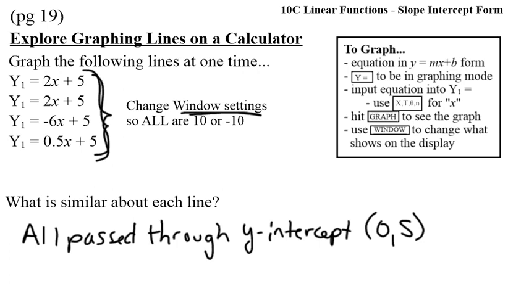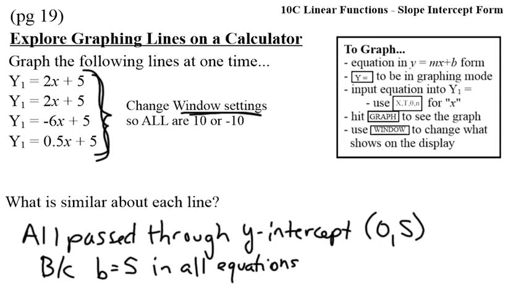And that made sense because the b value was 5 in all the equations. So we can see that in y equals mx plus b, that b value is the y-intercept.